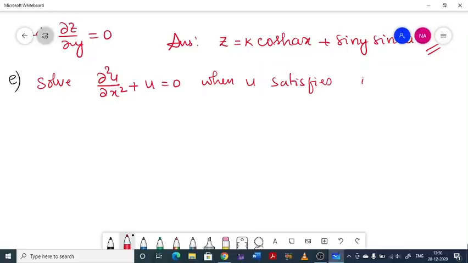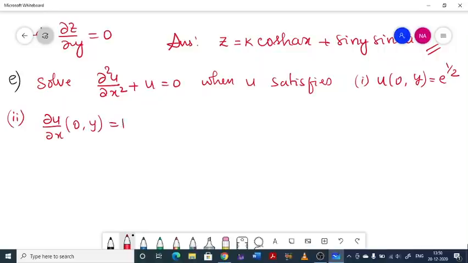First one, u of 0 comma y equal to e power 1 by 2, and the second condition is dou u by dou x of 0 comma y equal to 1. Solution.